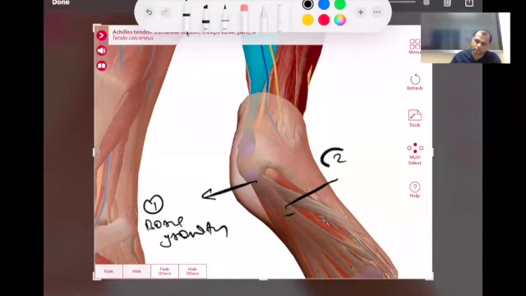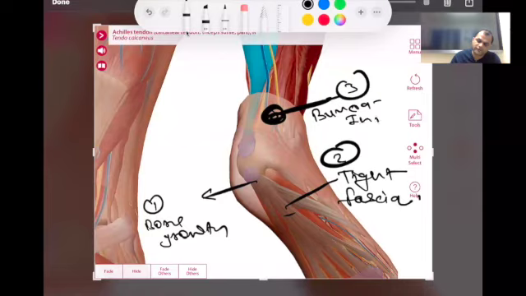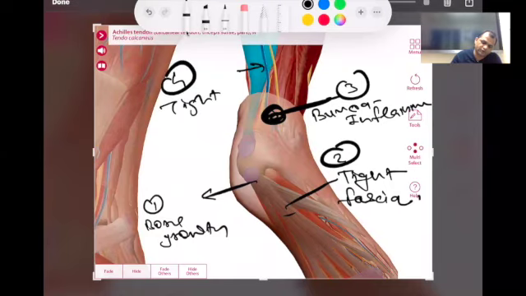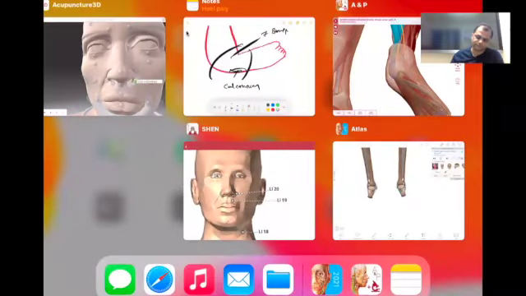The cause number 2 is tight fascia. The cause number 3 is bursa is inflamed. The cause number 4 is tight tendon. So these are the main 4 causes. So let's write down all the 4 causes, then we'll see the 5th cause also for the heel pain.